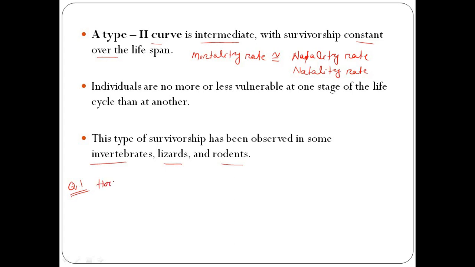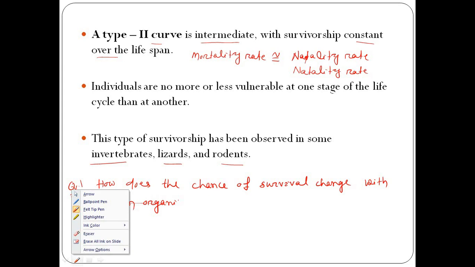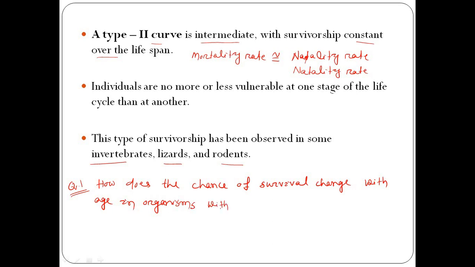Here is the question: how does the chance of survival change with age in organisms with type 3 survivorship curve?